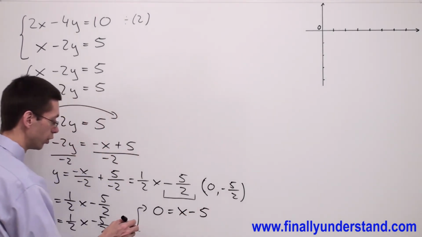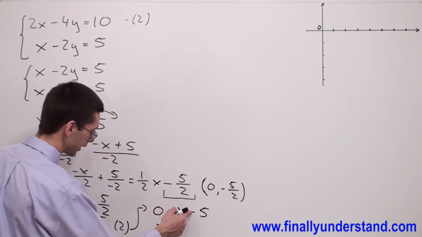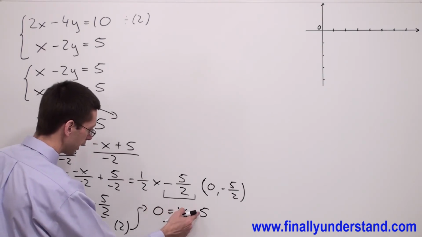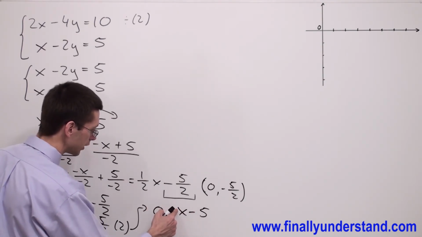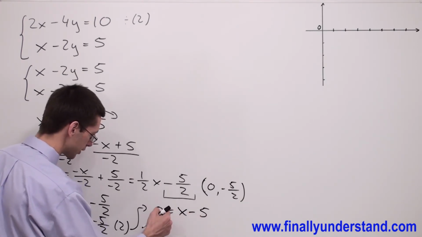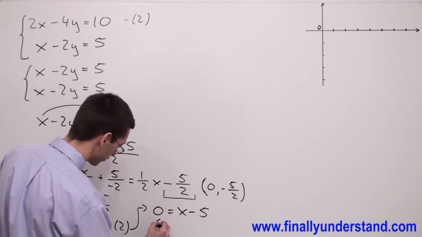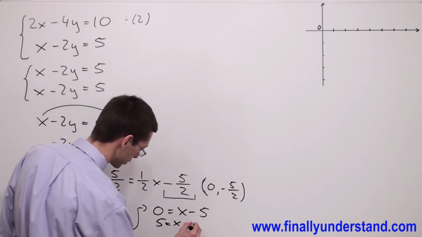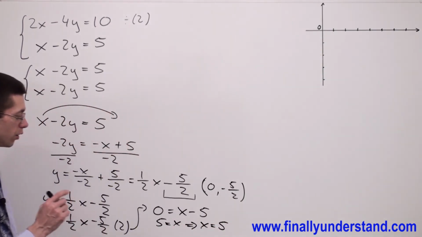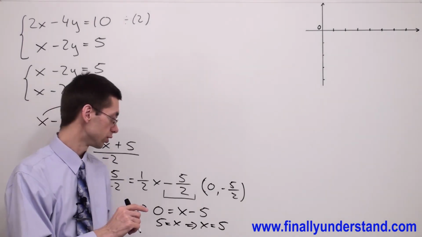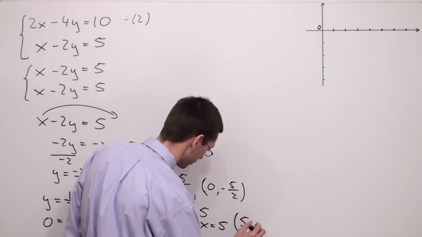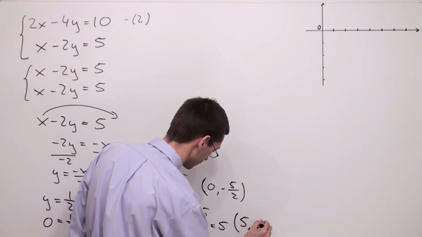I'm going to move negative 5 to the left side, because my x is already positive and I want to keep my x positive. And I'm going to obtain that 5 is equal to x, which is nothing else, just x is equal to 5. And this is my x-intercept. So this is my point which has coordinates 5 and 0.